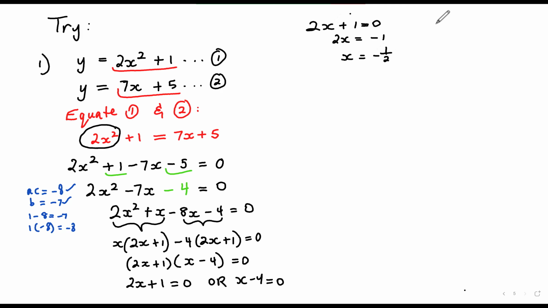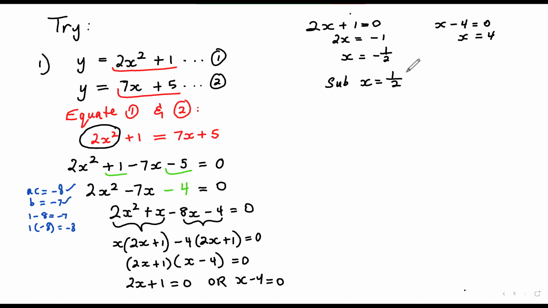And if you have x minus 4 is equal to 0, then x will be 0 plus 4, which is 4.